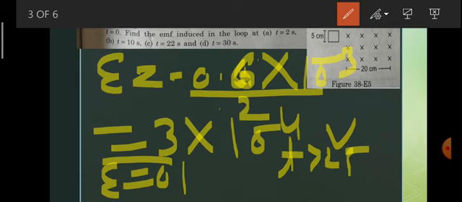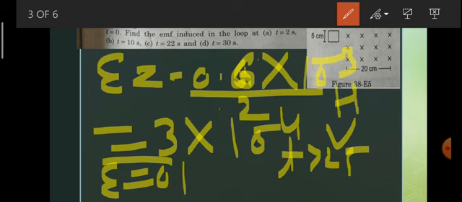I hope this problem is clear to you. We see that EMF is induced from 0 to 5 seconds and from 20 to 25 seconds. That means EMF is induced for 10 seconds only, so heat will be produced in those 10 seconds. You are asked to find the total heat produced in the loop during the interval 0 to 30 seconds if the resistance of the loop is 4.5 milliohm.